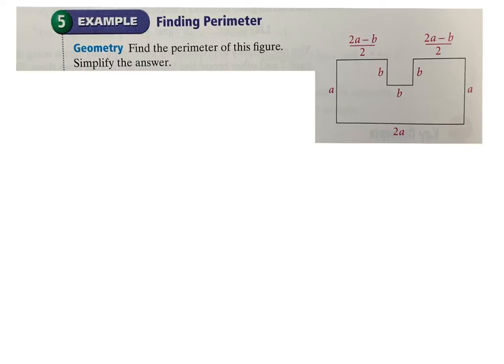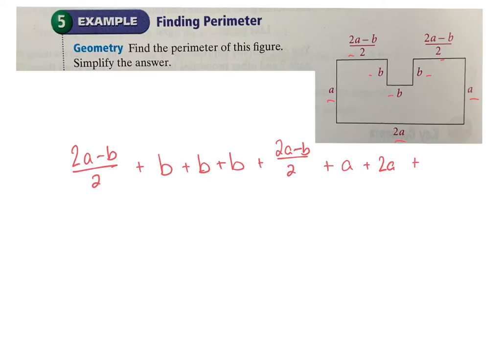And so you're going to say 2A minus B over 2 plus, and I mean, they wrote it all out, but you know, B plus B plus B, right? So I've got this guy, add this one up here. And then we have A plus 2A plus A here.